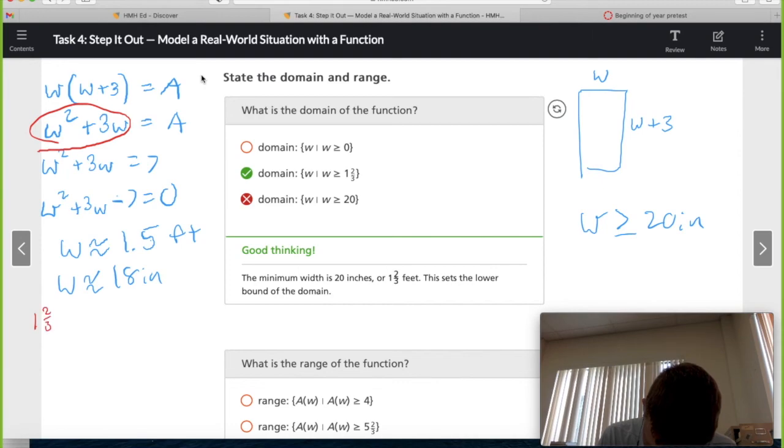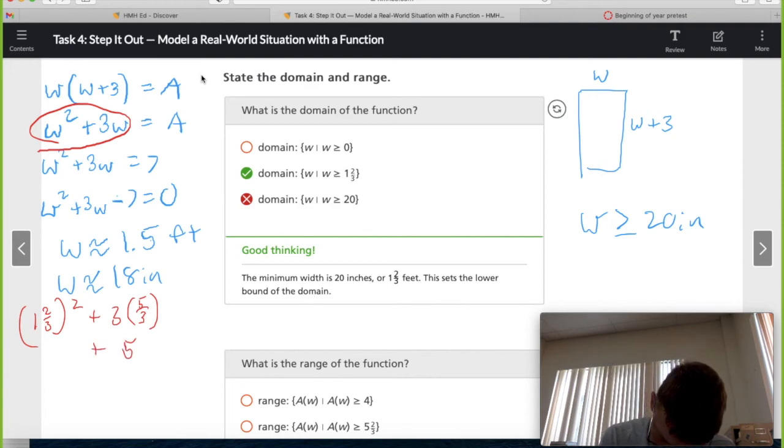1 2/3 squared plus 3 times. Oh, I'm just going to turn this into a single fraction. So 5/3, and that's it. So that's going to be 5.